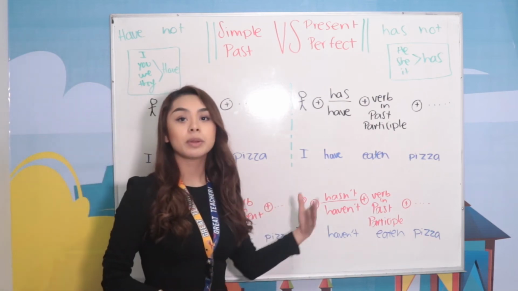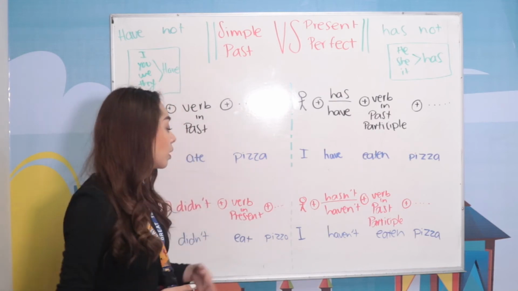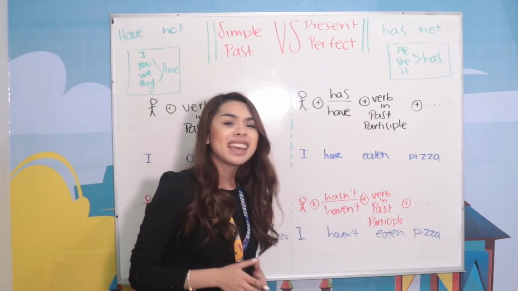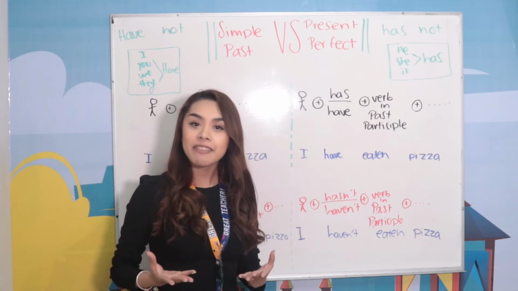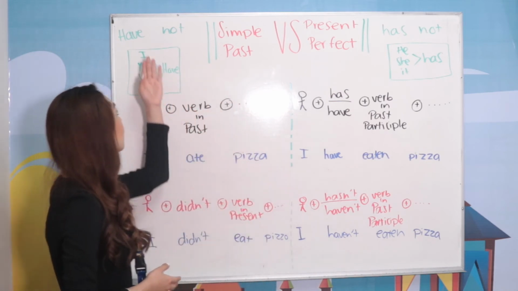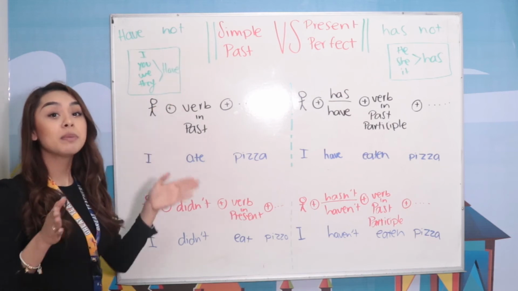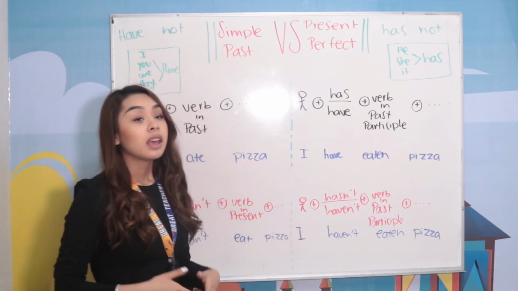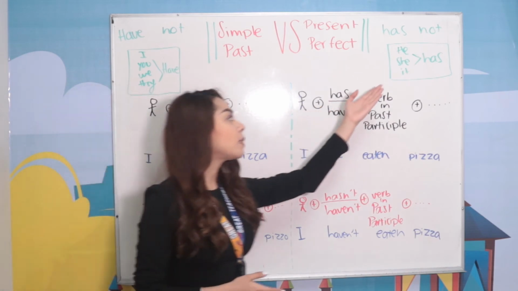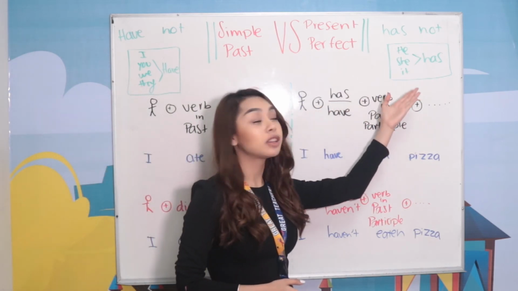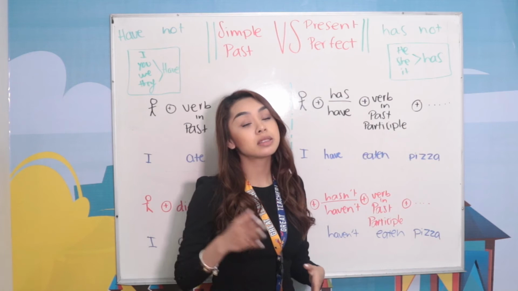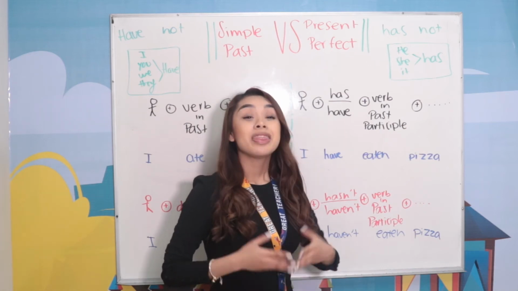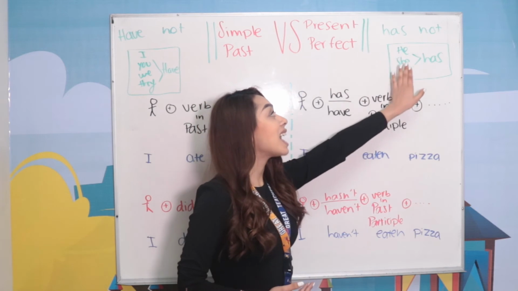Then let's compare it with present perfect in negative form. I haven't eaten pizza. In here, the auxiliary is haven't. So here we have have not. If we make a contraction, it will be haven't. If we're talking about the subject pronoun he, she, or it, that we must apply the auxiliary has, the negative form must be has not.